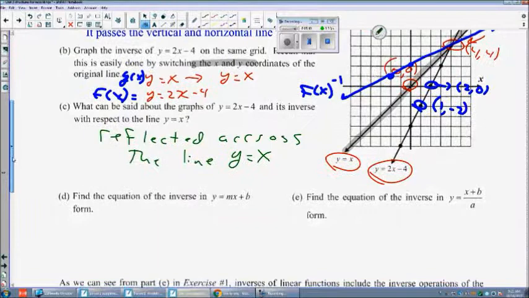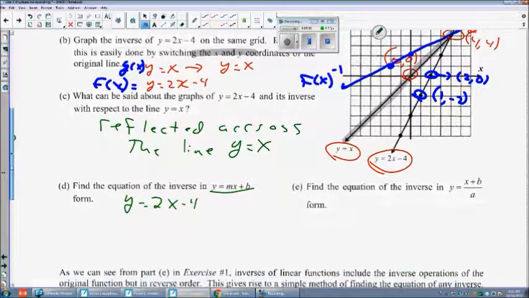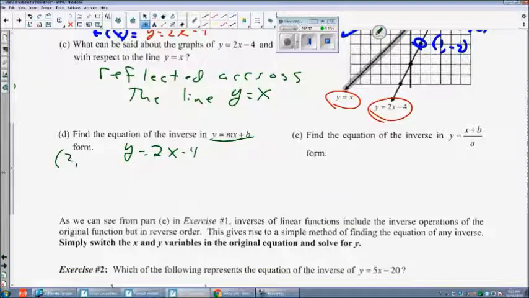Find the equation in y equals mx plus b form. Well, inverse, how do we do inverse? How do we find the inverse of the point 2, 3? Switch y and x. It's 3, 2. How do I find the inverse of an equation?